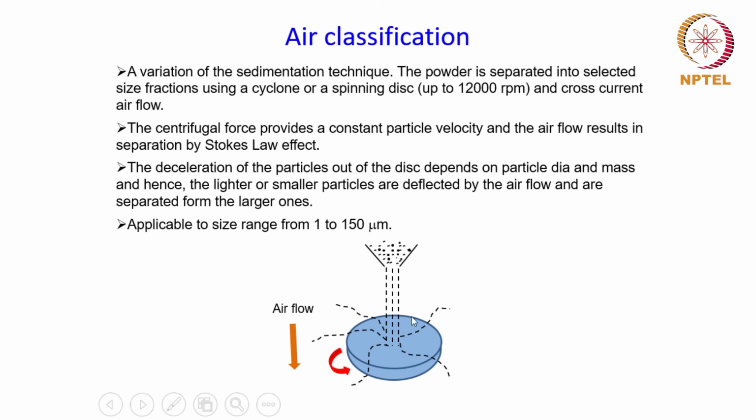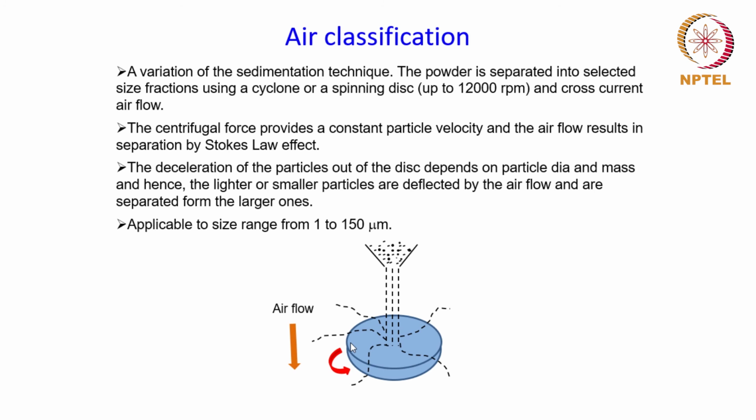The schematic of the apparatus is shown over here. It basically consists of this feeding hopper which feeds the powder particles onto this rotating disc, and as the powder particles fall on this rotating disc, they are given a velocity due to the centrifugal force as we discussed, and the cross current airflow, as you could see from here, will result in the separation of the particles based upon their size.